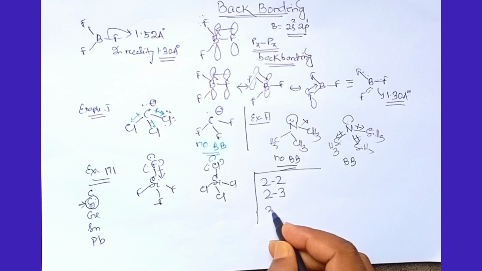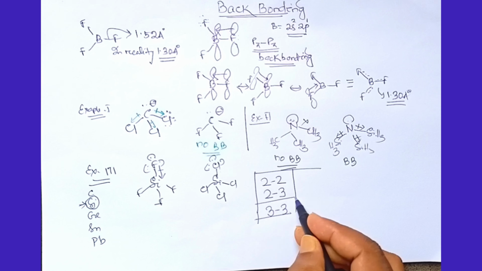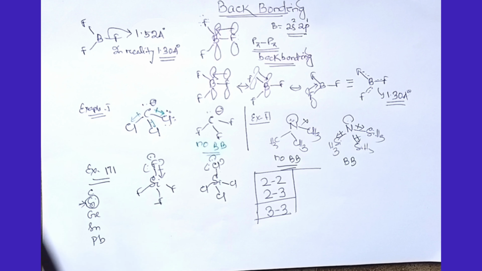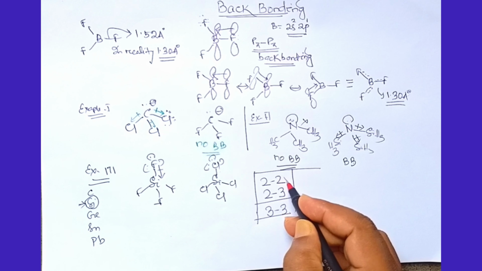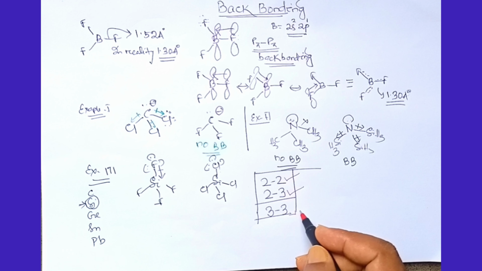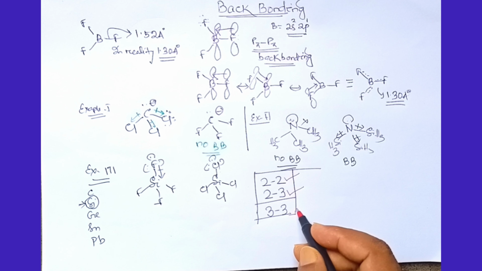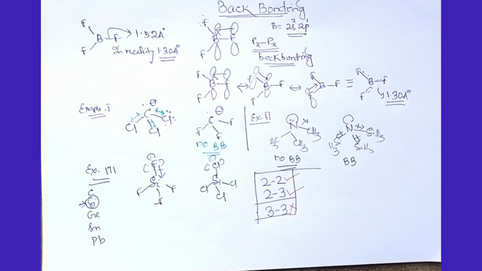But when back bonding takes place between 3-3, this is not possible. So I am putting the tick mark here. 2-2 back bonding is possible, 2-3 back bonding is possible, but in 3-3 we can say there is no effective back bonding, so almost back bonding is absent in case of 3 and 3.